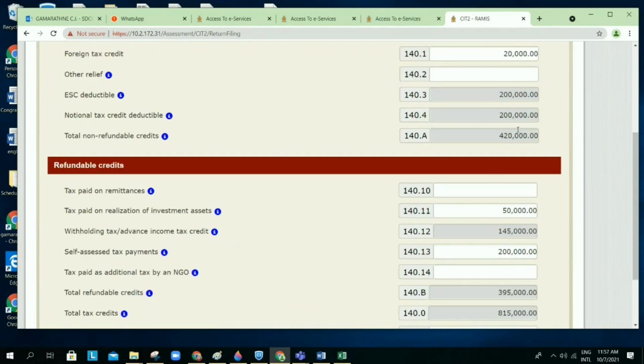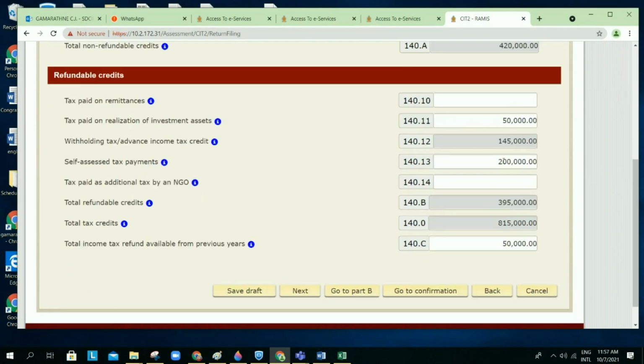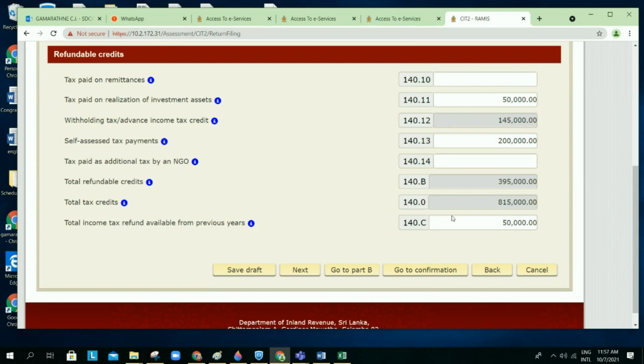Then you can see non-refundable total credit available 420,000 and total refundable credit available 395,000. Total tax credit available 815,000. Then this value is populated to main return page, row 140.